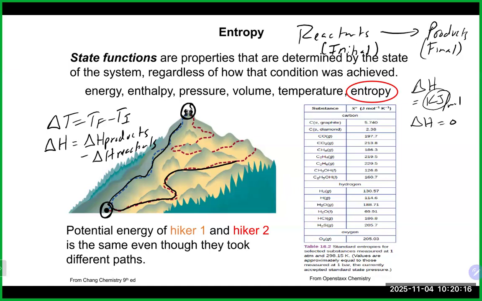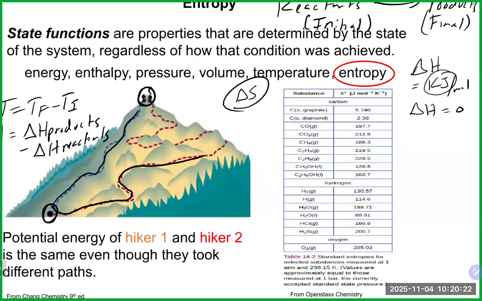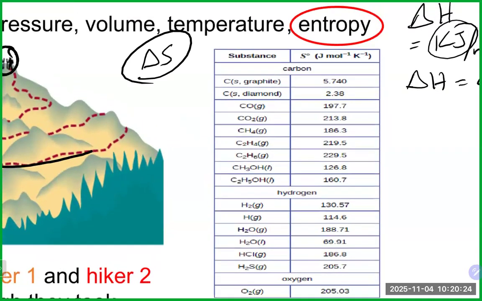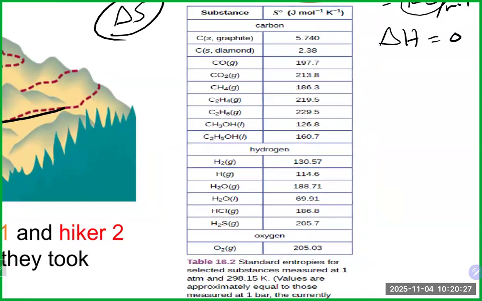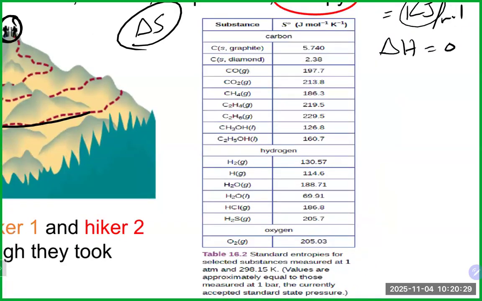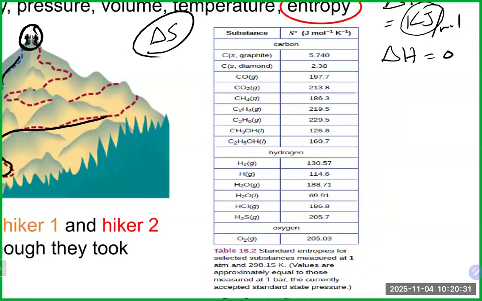Now, delta S, when you go to a delta S table, it is a little bit different. The first thing that's a really major difference is all the values are positive values. So they'll all be positive values when you go to this table. And this is from your book, I think, this table.